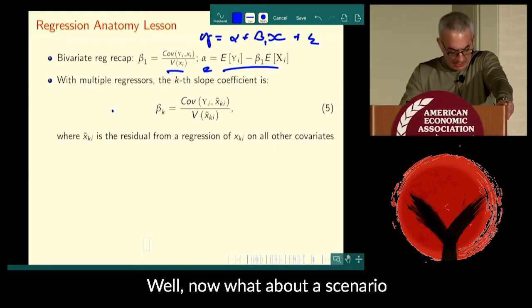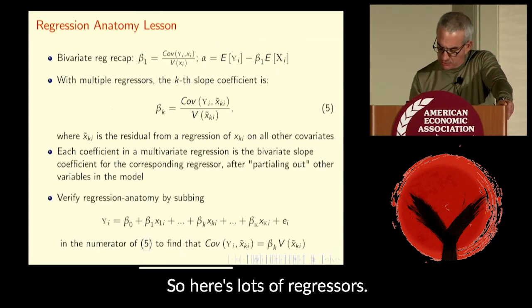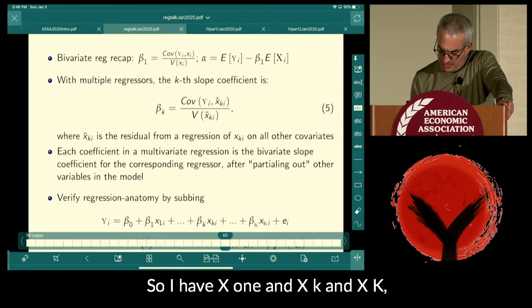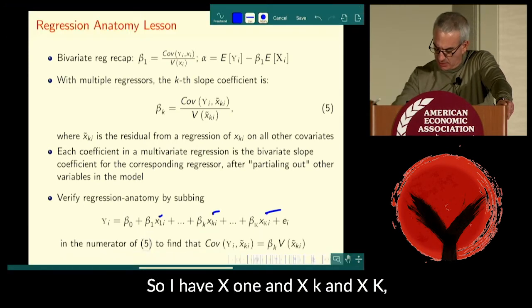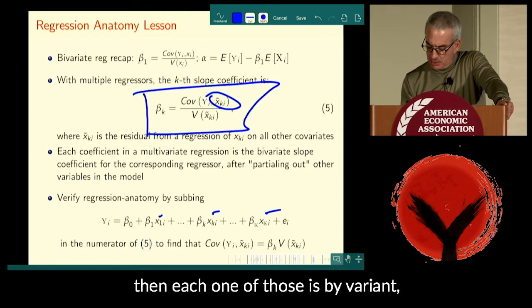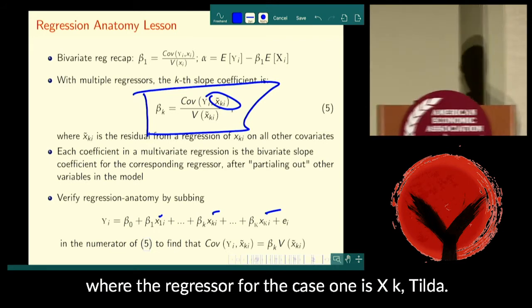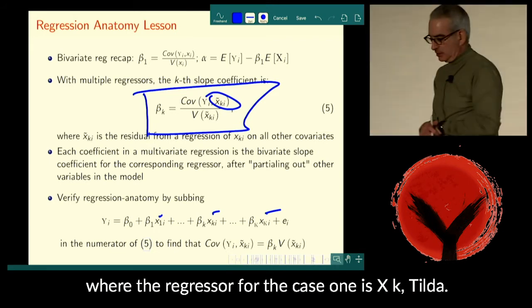Well, now what about a scenario where I have lots of regressors? So here's lots of regressors: x1 through xk, up to capital K. Then each one of those is bivariate, where the regressor for the kth one is xk tilde.